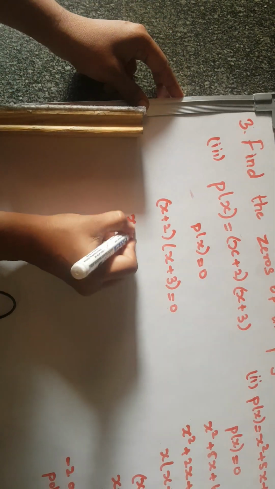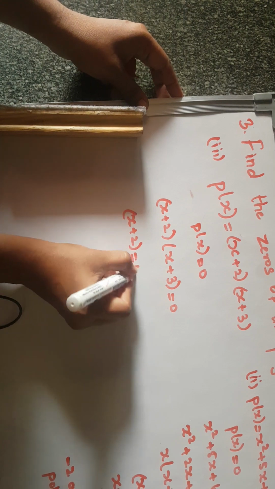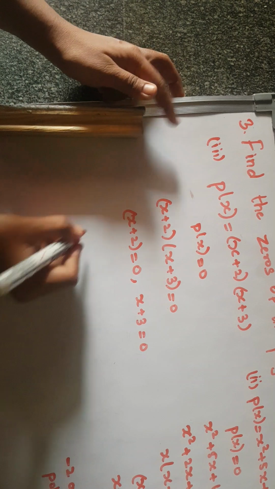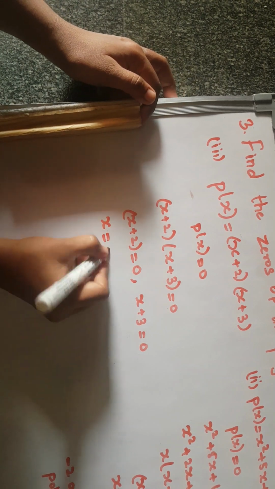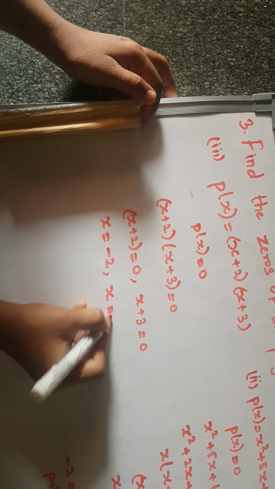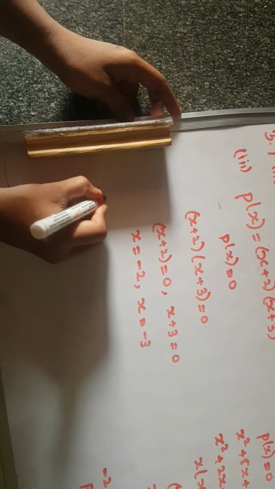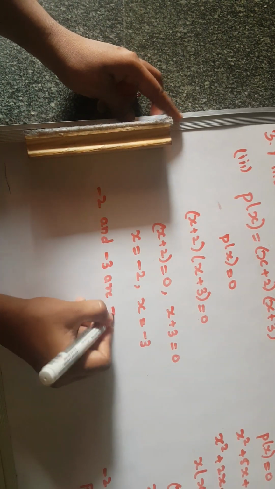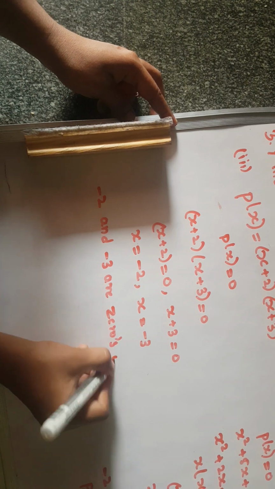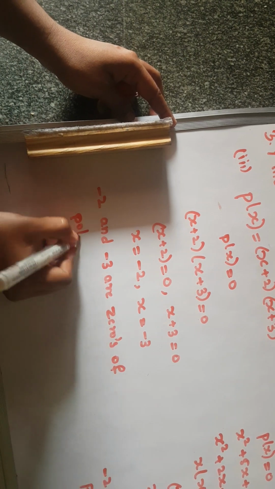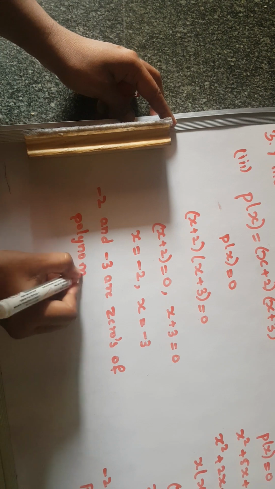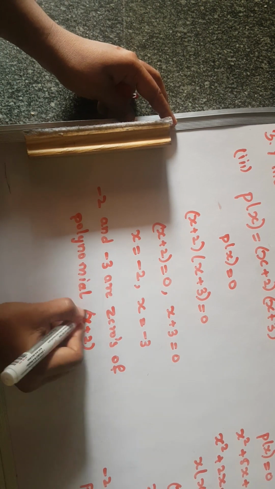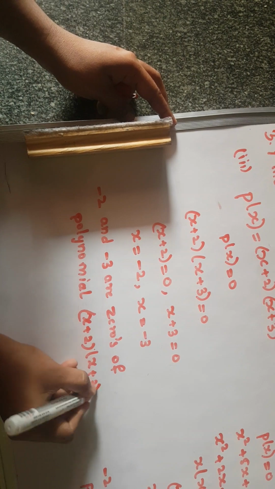Then separate it: x plus 2 equals 0 and x plus 3 equals 0, means x equals minus 2 and x equals minus 3. Here also, same: minus 2 and minus 3 are zeros of the polynomial x plus 2 into x plus 3.